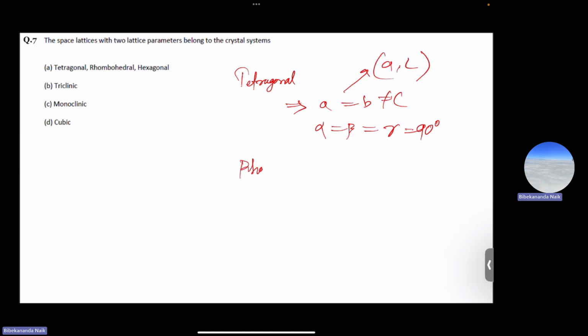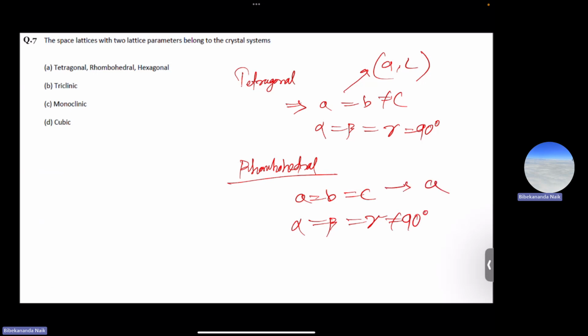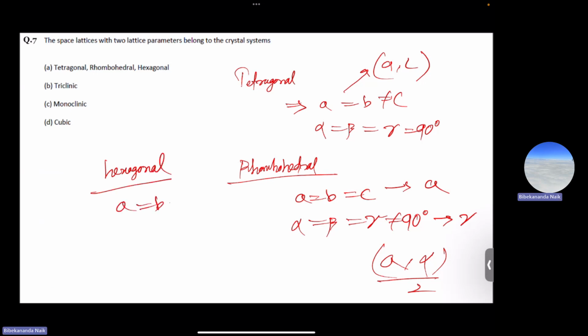Then in case of rhombohedral, a equals b equals c, alpha equals beta equals gamma not equal to 90 degrees. So here this is one lattice parameter and here this is another lattice parameter. So a and alpha, these are two lattice parameters. And in case of hexagonal, a equals b not equal to c. So here there are a and c, two lattice parameters. So option A will be correct.